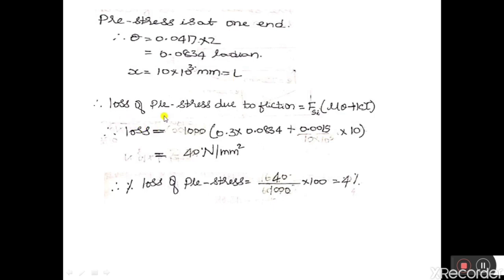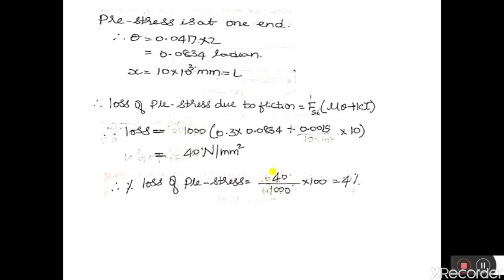We know the formula to calculate loss due to friction, that is Psi into mu theta plus K into x. So loss is equal to Psi, the initial pre-stress, which is given as 1000 Newton per millimeter square, into 0.3, mu is given, theta we have calculated by the given slope, plus K is given into x. So loss is equal to 40 Newton per mm square. Therefore, percentage of loss of pre-stress due to friction is equal to total loss due to friction divided by initial pre-stress.